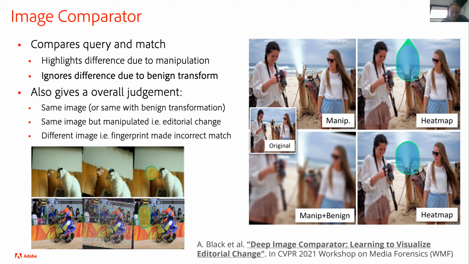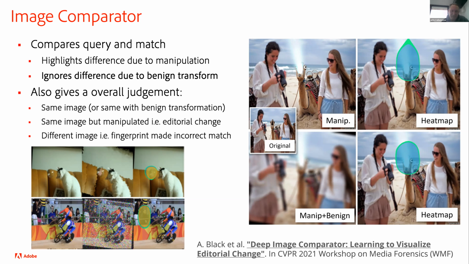We've got an original image, we've got a manipulated image here in the top left, and then on the right, we have the heat map that's been generated. The heat map here is in blue, and the ground truth is in green. And you can see there's a very close correlation between the prediction and the ground truth.